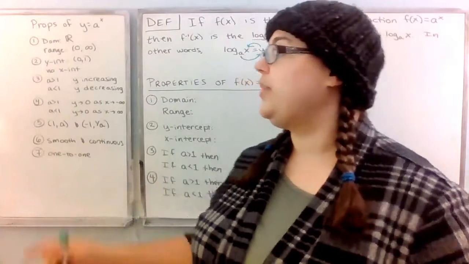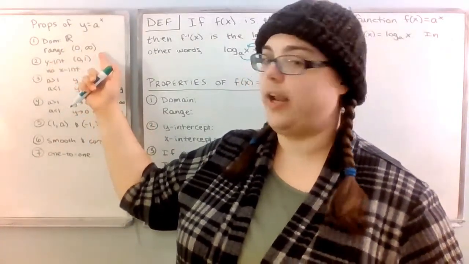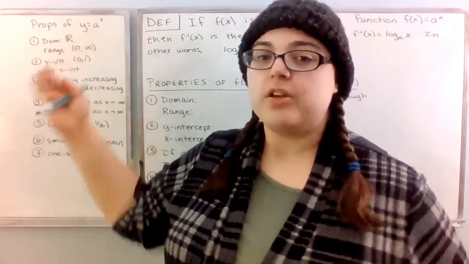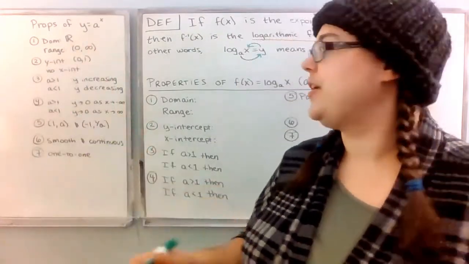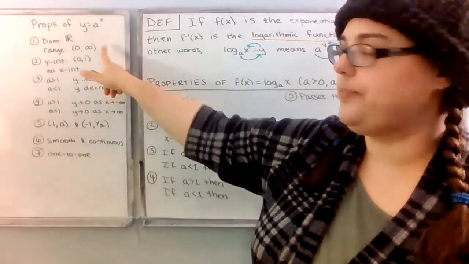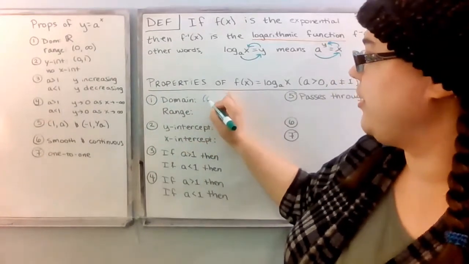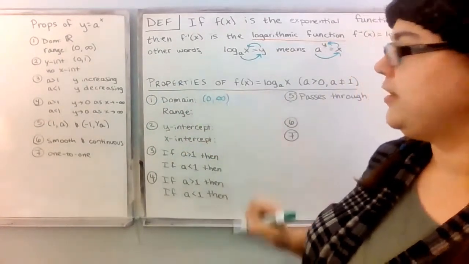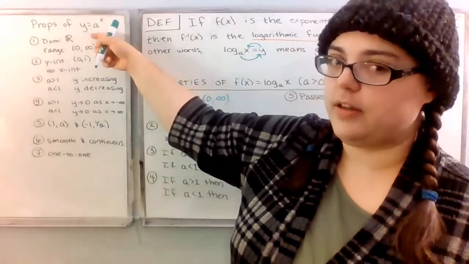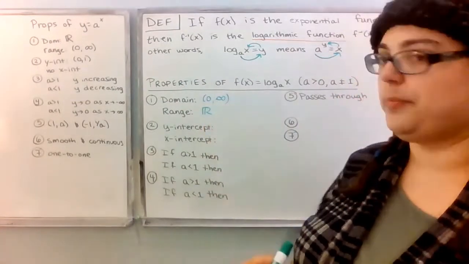For example, in an exponential function, the domain is all real numbers and the range is from 0 to infinity, not including 0. So when we look at its inverse, the domain of the inverse is the range of the original function. So the domain of a logarithmic function is going to go from 0 to infinity, and its range is going to be the same as the domain of f of x. So the range is going to be all real numbers.